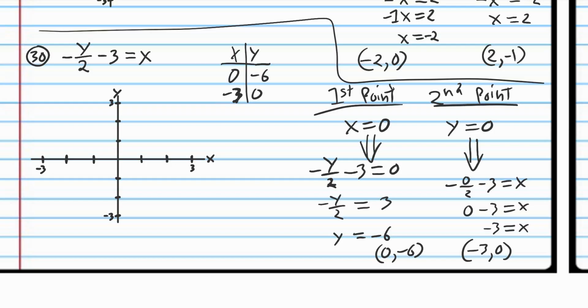And I just realized that because I have that negative 6 in one of my values in the ordered pairs, I'm going to have to make a new scale.